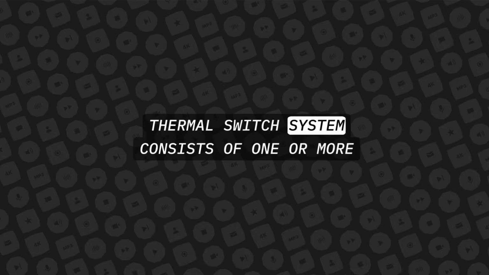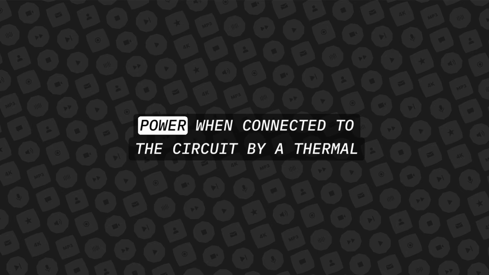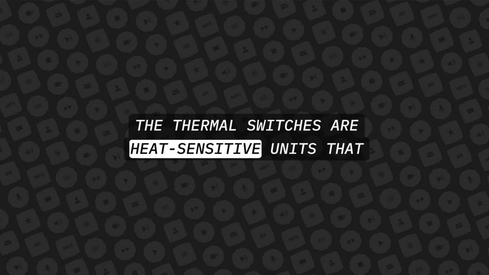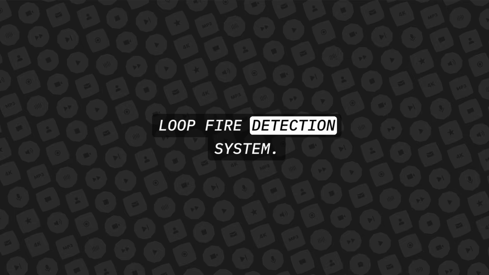The thermal switch system consists of one or more lights, which are energized by aircraft power when connected to the circuit by a thermal switch. The thermal switches are heat-sensitive units that complete the circuit at a certain temperature. Describe the operating principle of a continuous loop fire detection system.